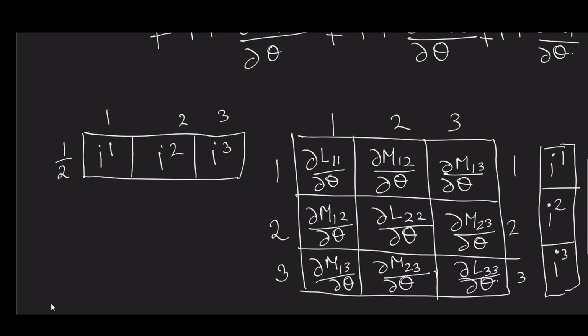So this gives us half I transpose del L del theta I.